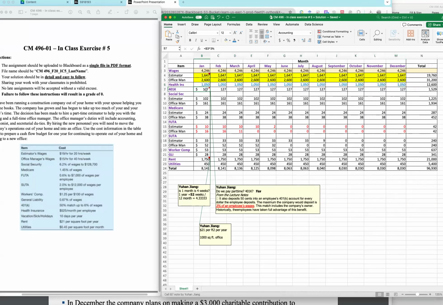And the 401k, I think it will be a constant number as well because it depends on up to 3%. In this case, 3 percentages. The Social Security wage base here is up to 128,700. So all these numbers are less than that.